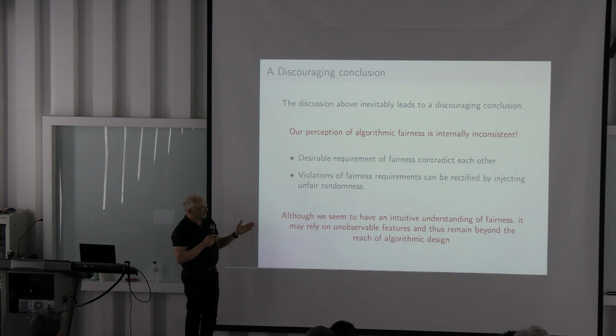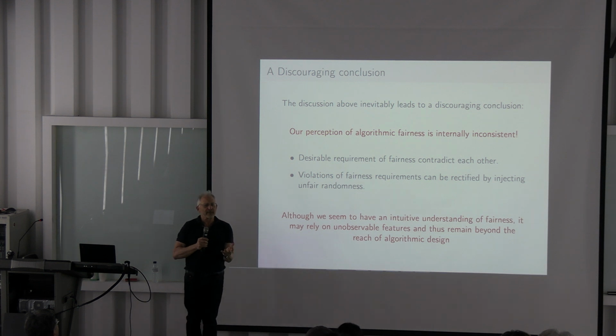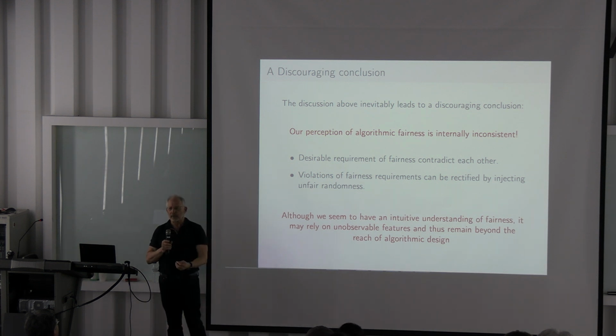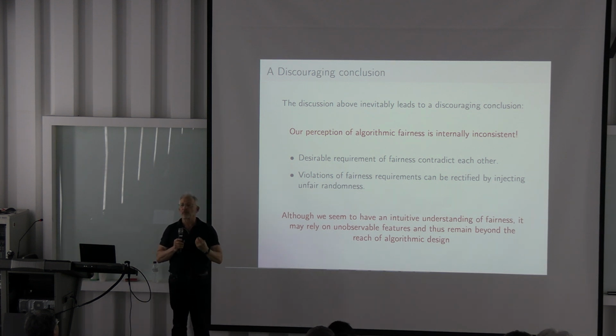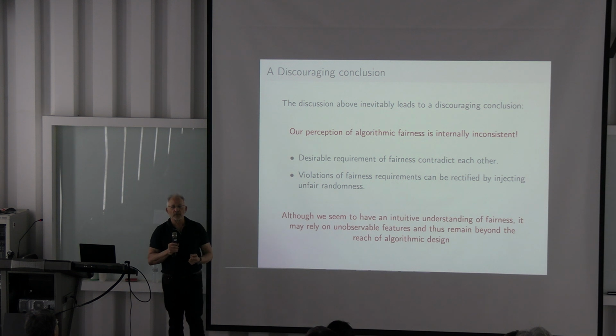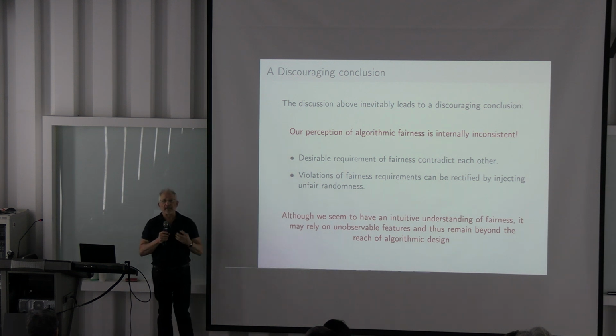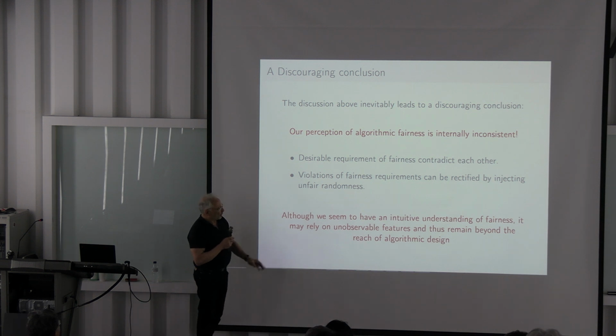So although we seem to have an intuitive understanding of what fairness is, what could be the reason that there is this gap between our intuition and our ability to formalize it? What I claim is that part of this gap is that when we want to define an algorithm, we need to rely on observable features.